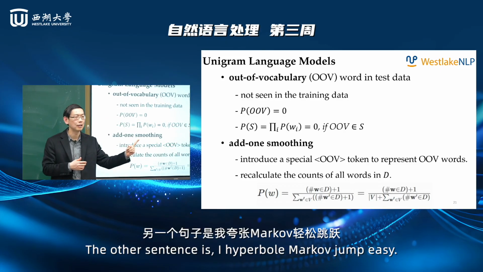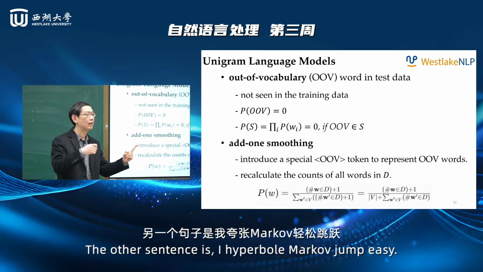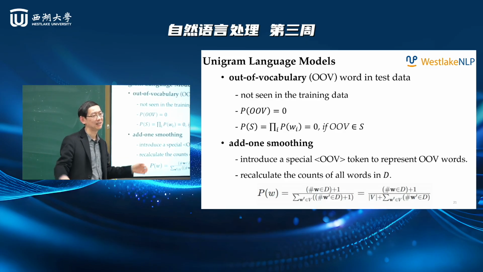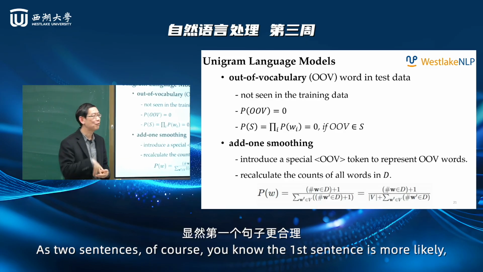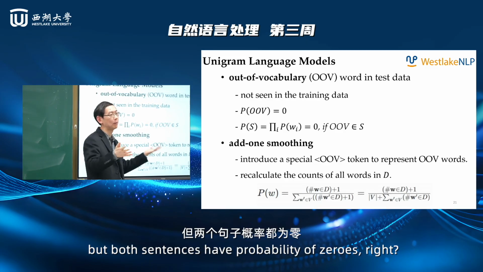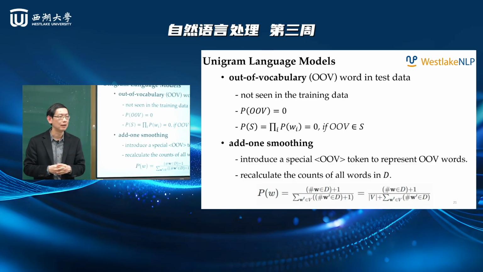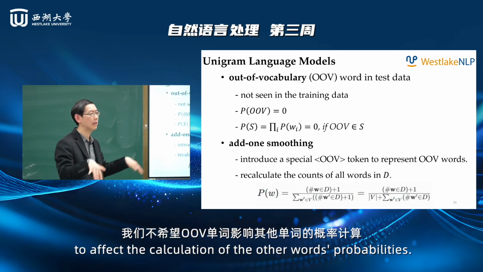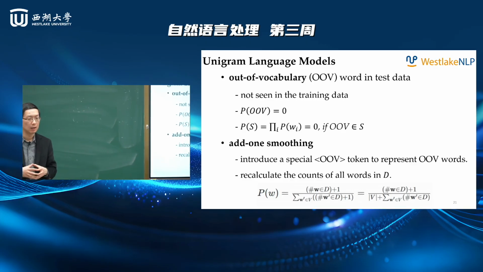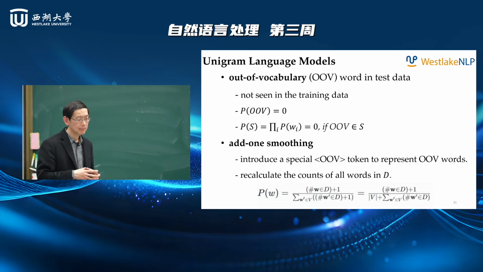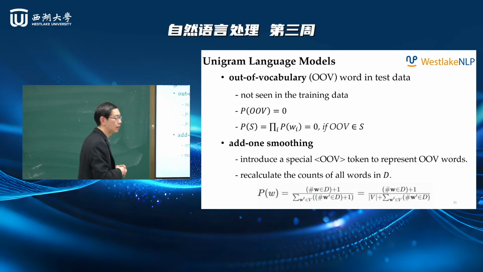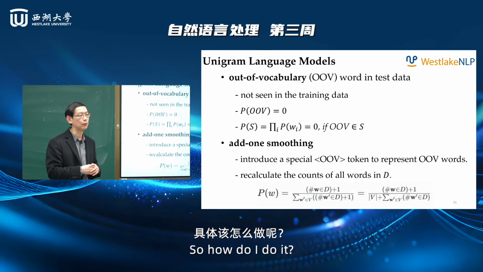The other sentence is, I hyperbole Markov jump easy, okay? That's two sentences. Of course, you know the first sentence is more likely, but both sentences have probability of zeros, right? You don't want an out-of-vocabulary word like Markov to affect the calculation of the other words' probabilities. All right. So to solve this problem, I need to be able to calculate the probability of an out-of-vocabulary word. All right. So how do I do it?